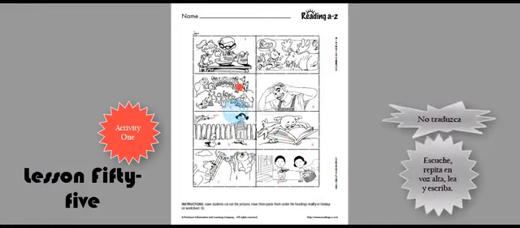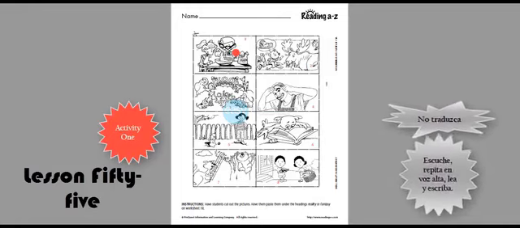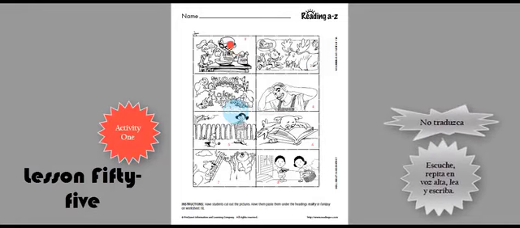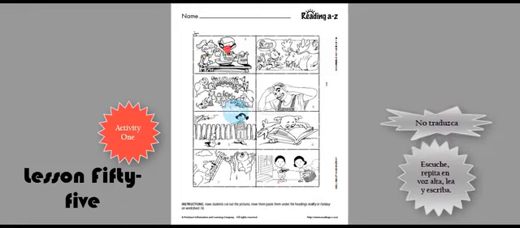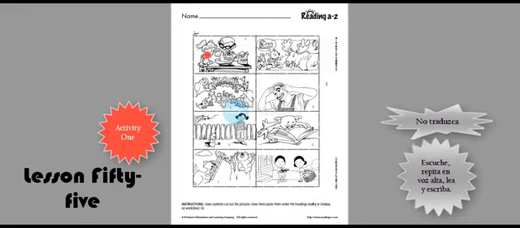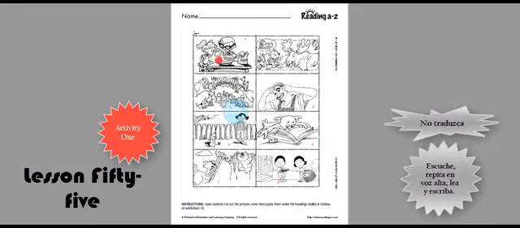In picture 1, here, we see 2 people. This seems to be a father and his girl. Maybe a father and his girl, a father and his daughter are making a cake.